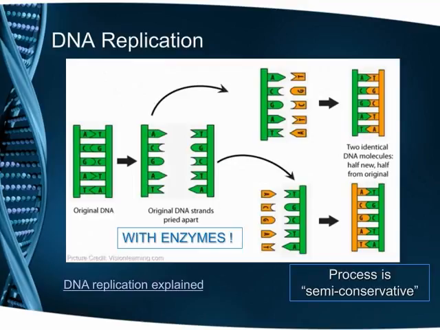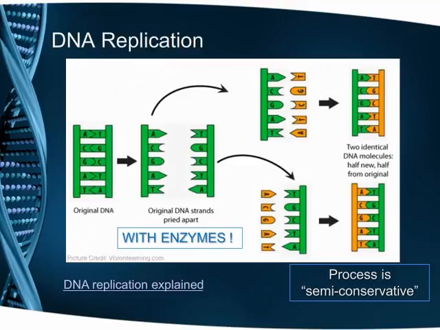At the end of DNA replication, you have two identical DNA molecules. Each is half new. That would be the second color, orange on this slide. Each is half old or original. That would be your first color, or green, on this slide.